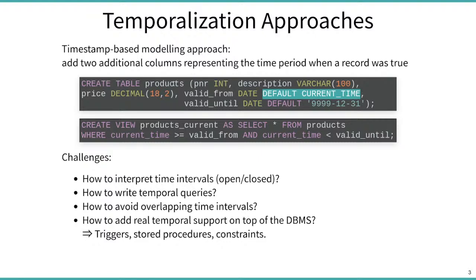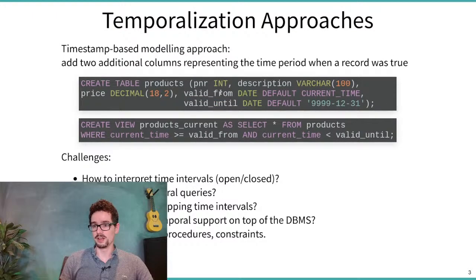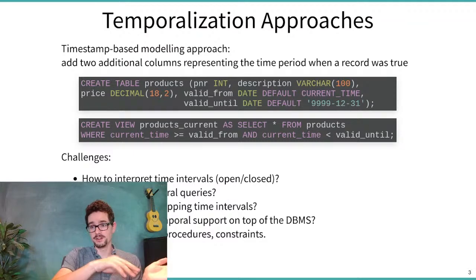So when I insert a new product, then it is valid from the current date up to 9999-12-31, so the maximum date, from now until infinity, or eternity. Yeah, until forever. But of course, when you want to change a price, you have to change the valid until date.